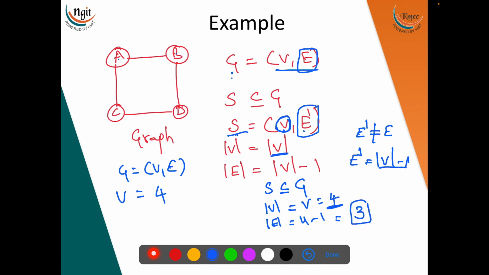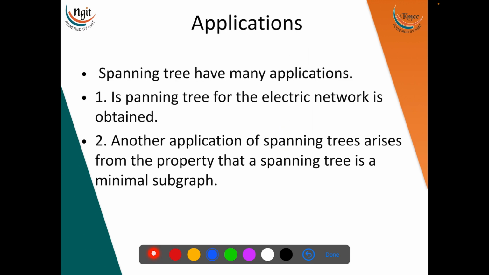So the number of edges of the spanning tree should be 3. As far as this example is concerned, S equals (V, E'), where the number of vertices is 4 and the number of edges is 3. Then it is called a spanning tree. We'll see an example of the different spanning trees we can get from this graph.